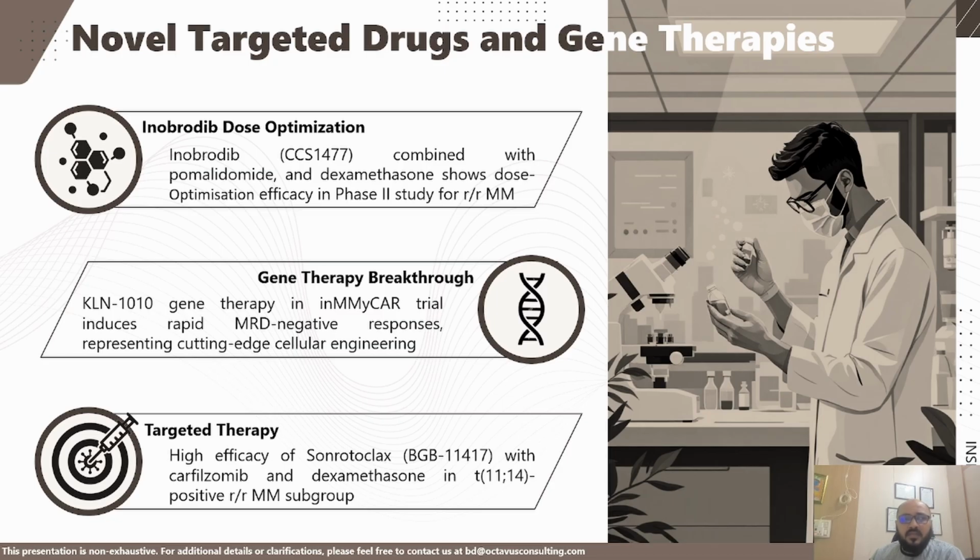Then there was a gene therapy breakthrough, which is Scalen 1010, a gene therapy, and the results were presented in the MMyCAR trial, basically. Then targeted therapies like BGB 11417 were presented in truncated 11 14 positive R/R patient subgroups, basically.